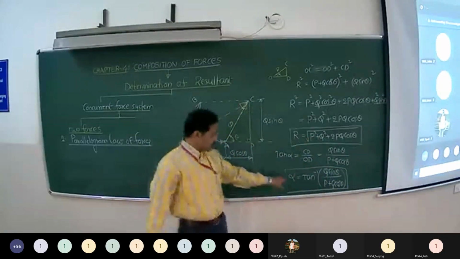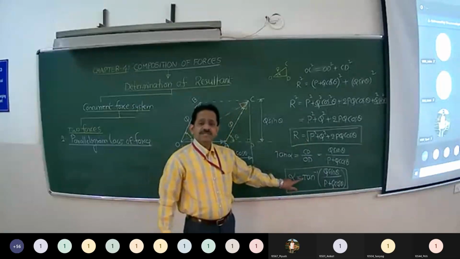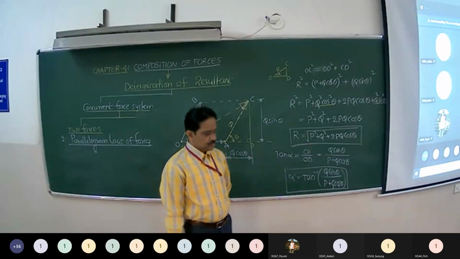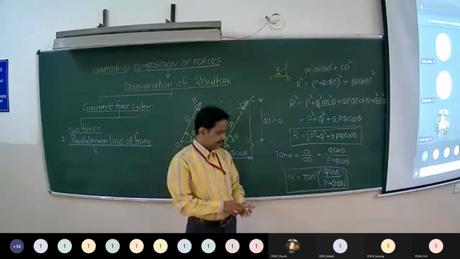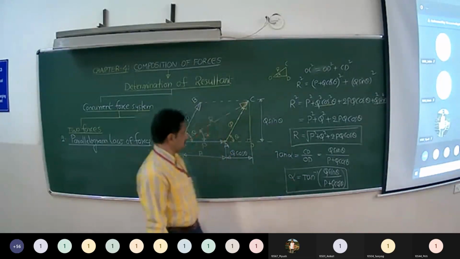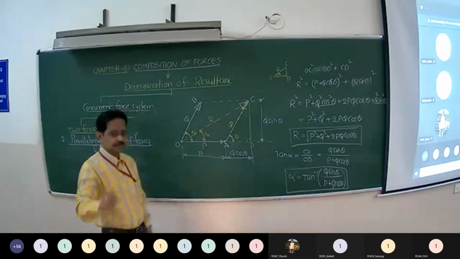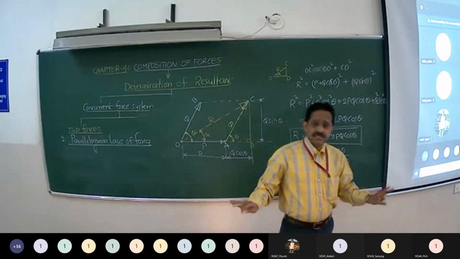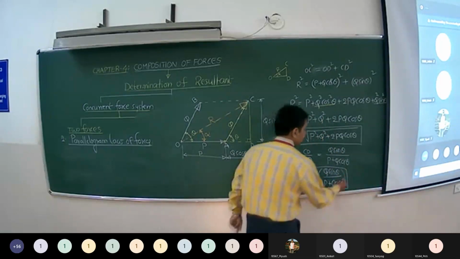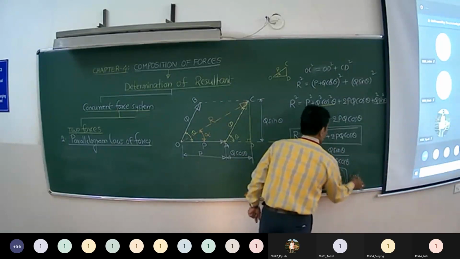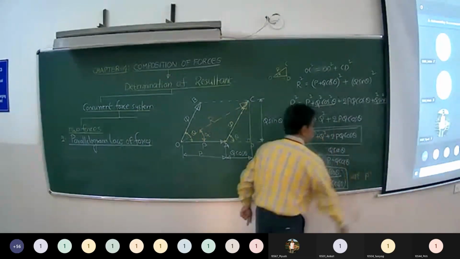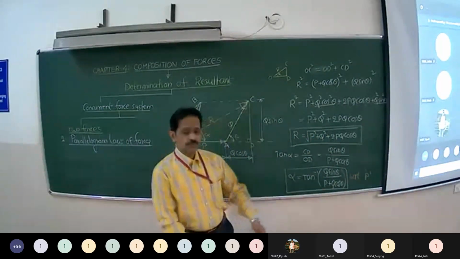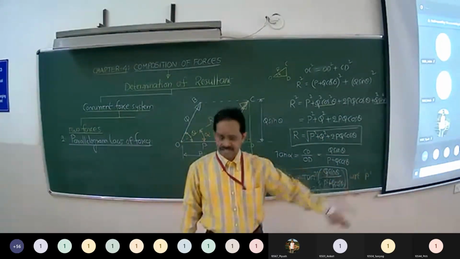Now you tell me, this angle alpha is with respect to which axis? This direction of resultant alpha is with respect to... You should not say that it is x-axis. Yes, it is with respect to force P. Not necessarily force P is along x-axis.